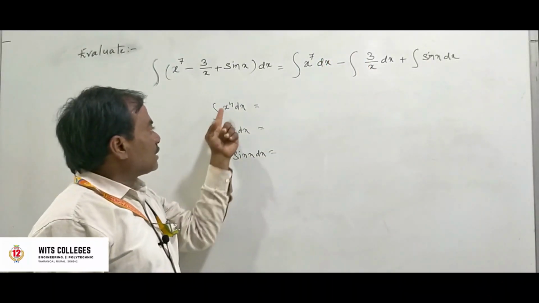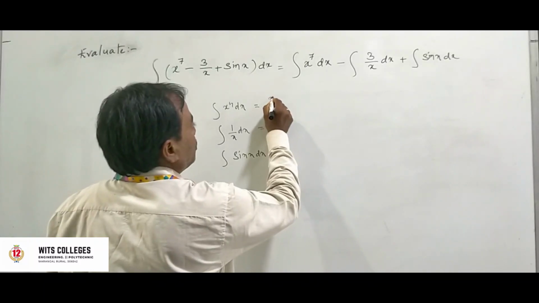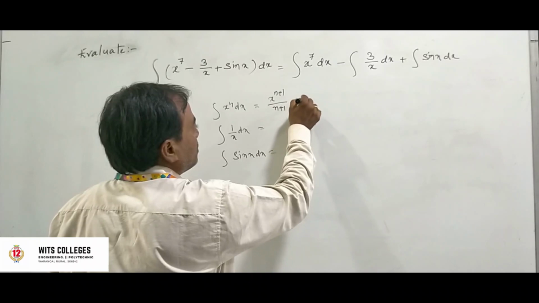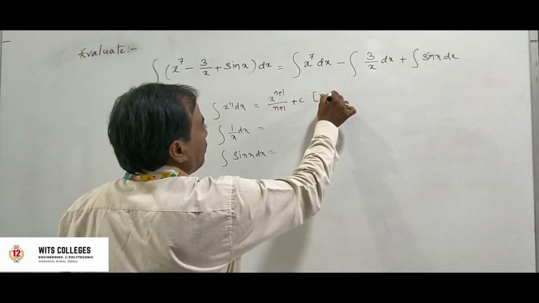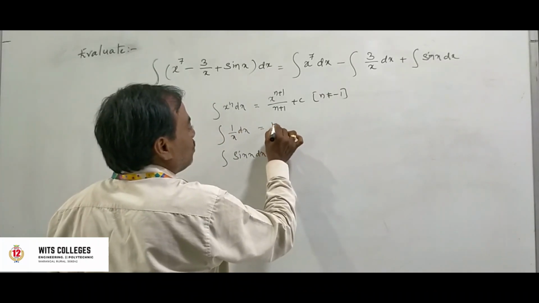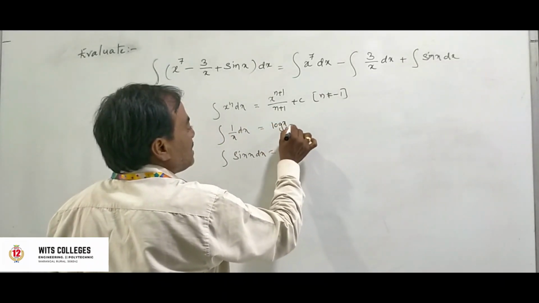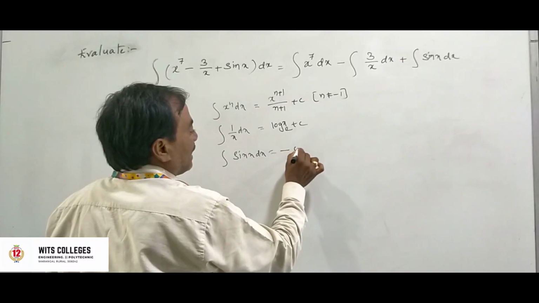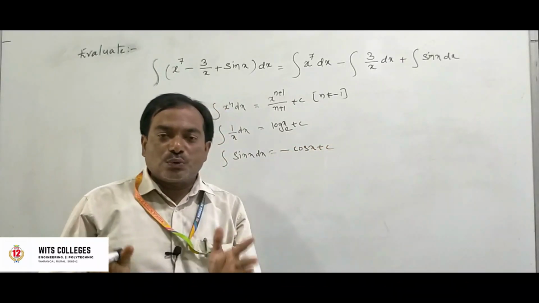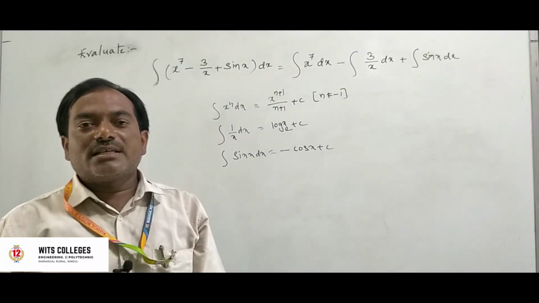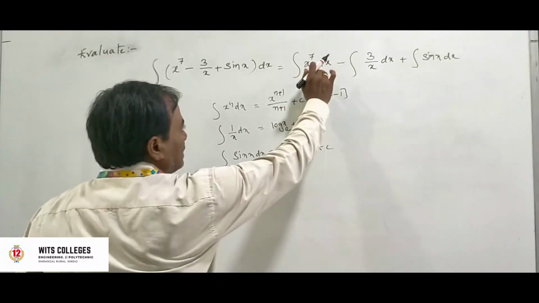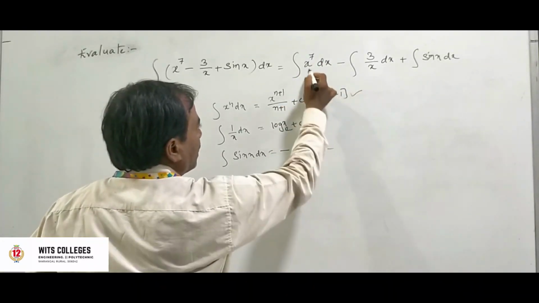So integral x to the power of n dx equals x to the power of n plus 1 by n plus 1 plus c, when n is not equal to minus 1, and integral 1 by x dx equals log x to the base e plus c, and integral sin x dx is equal to minus cos x plus c. So first you remember all the basic integral formulas. Now we have to find this integral value by using these formulas.